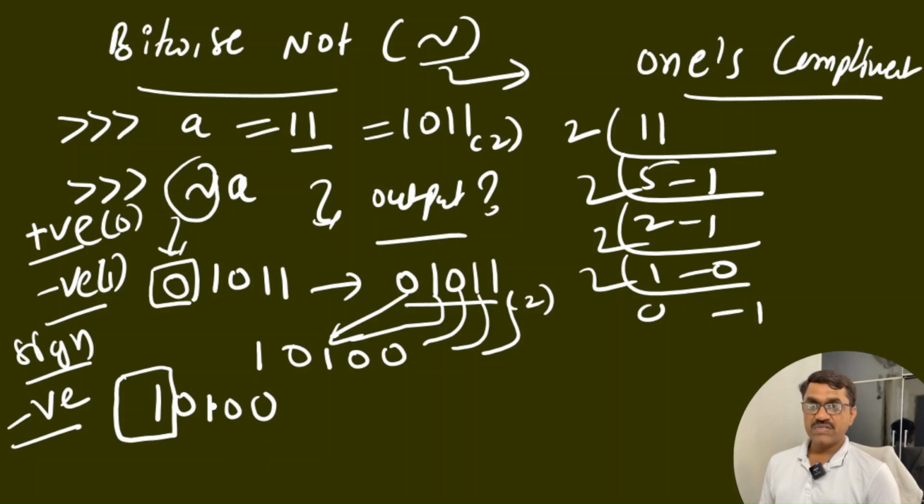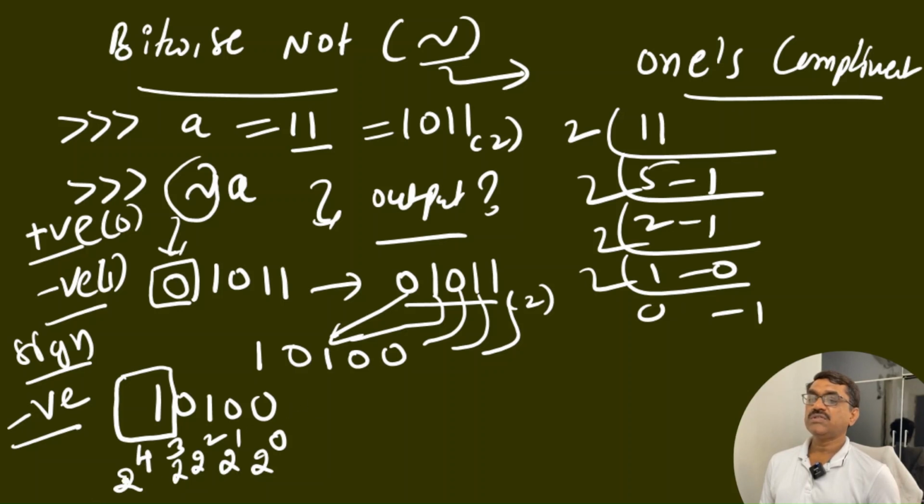Like the previous example, you convert this binary equivalent into a decimal number. Generally, we take 2 to the power of 0, 2 to the power of 1, 2 to the power of 2, 2 to the power of 3. But the important thing you must identify here is the leftmost bit is 1. Whenever you take the positional weight for this number, this is 2 to the power of 3 and this is 2 to the power of 4.